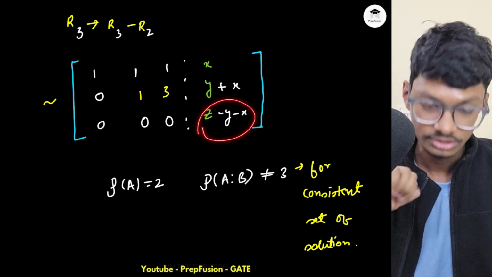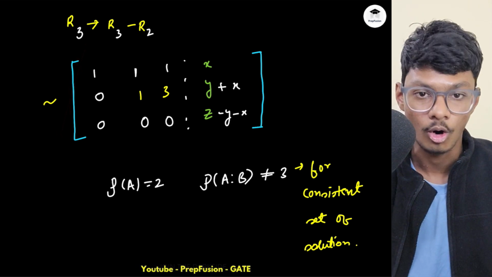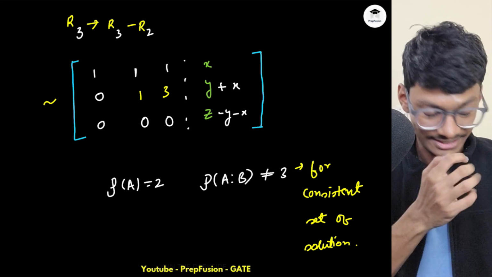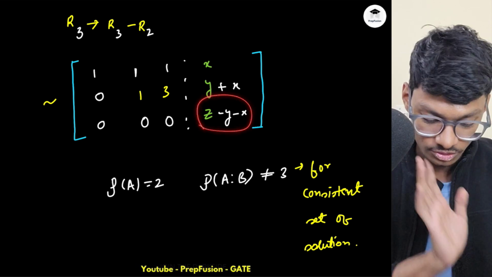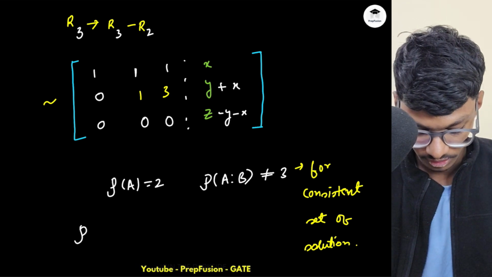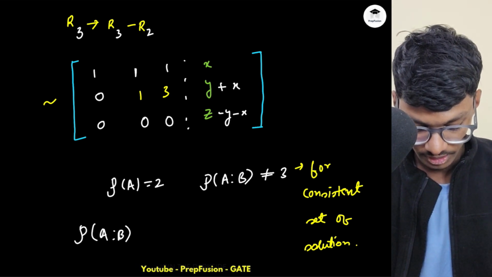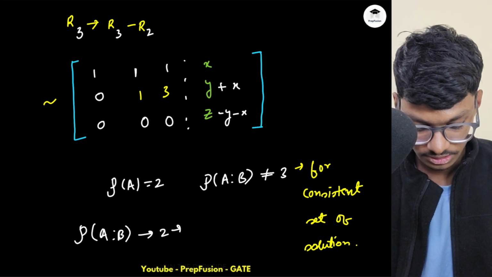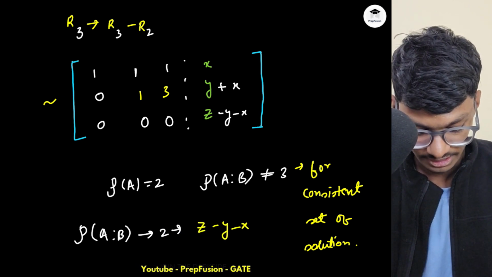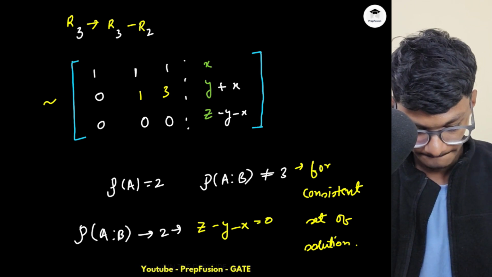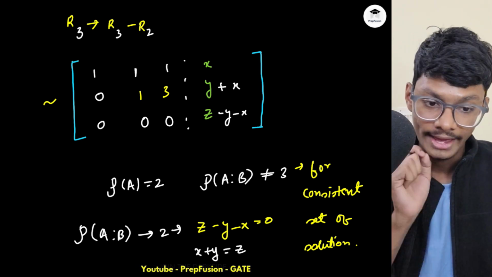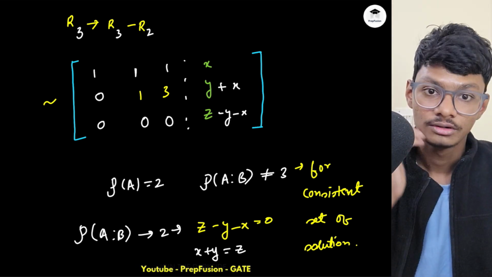If this does not go to 0, then the rank will be 3 for this augmented matrix. So we want it to go to 0 to make the rank 2. We want the rank of A, B to be 2. Hence we have to make this 0. z minus y minus x has to be equal to 0. So x plus y equals z. Okay, for x plus y equal to z, we'll have a valid solution.